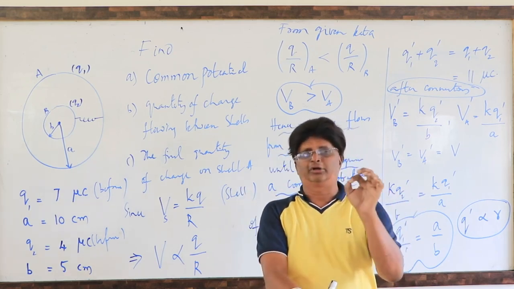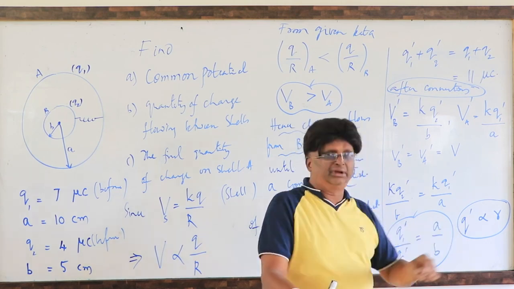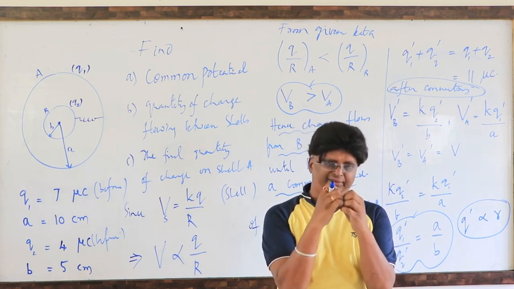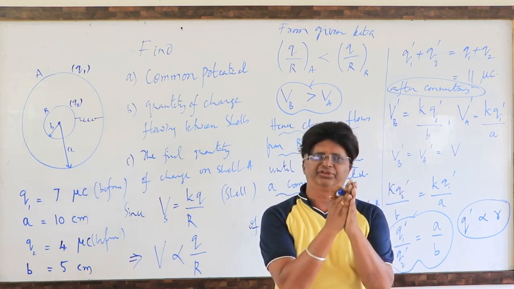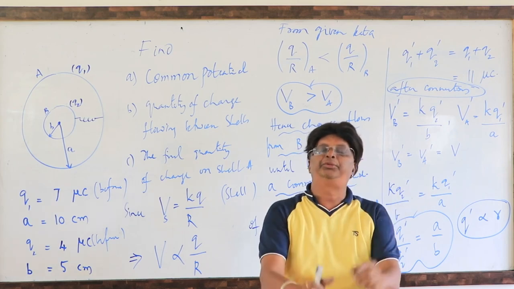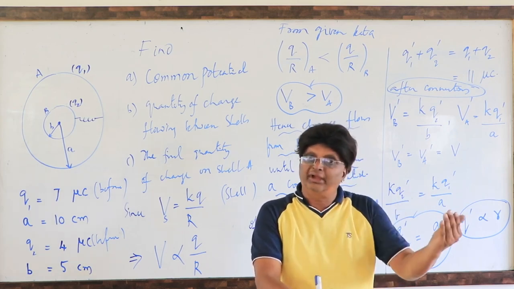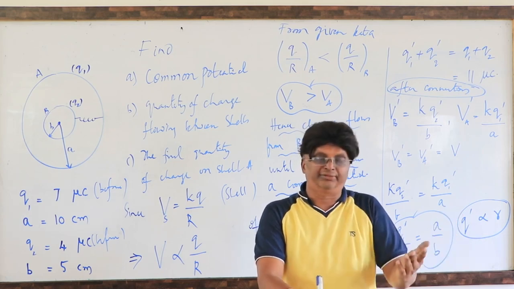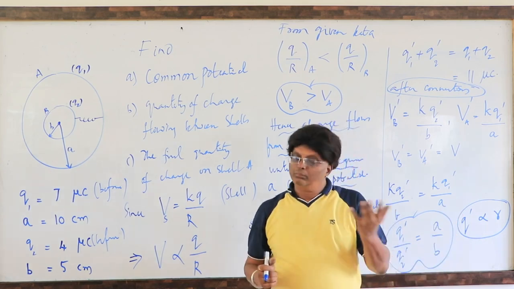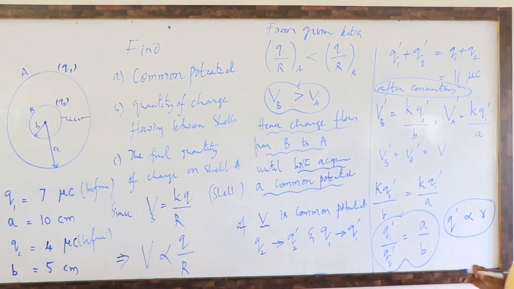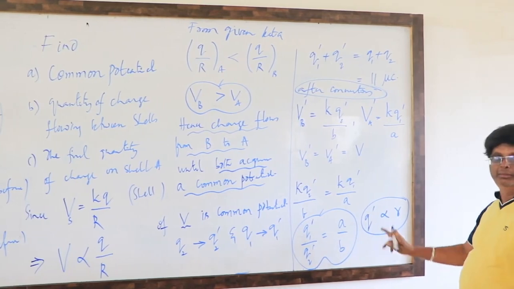When the sizes are unequal, please look at this example. When two shells of different sizes are touched with each other, or share charge, it is always in the ratio of radius. More size, more radius, it will accept more charge, and lesser size will always take lesser charge. So that's a very important point to be remembered.